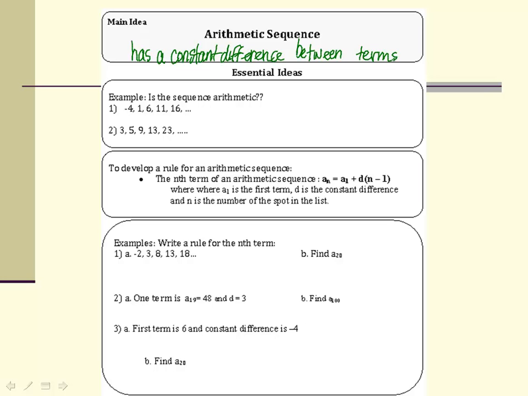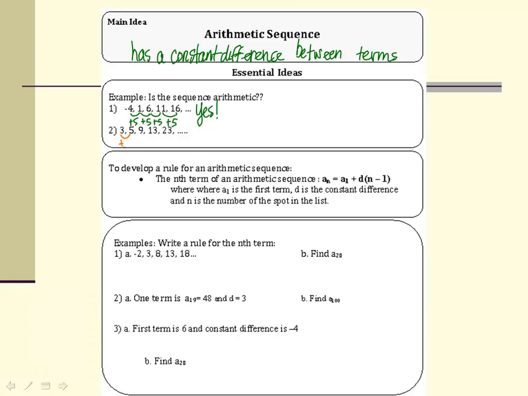In order to figure out if it's arithmetic or not, we have to ask ourselves, is there a constant difference? For this first example, it says, is the sequence arithmetic? Let's look at our difference. From -4 to 1, we add 5. From 1 to 6, we add 5. From 6 to 11, we add 5. From 11 to 16, we add 5. So that's definitely a constant change. So yes, it's arithmetic.